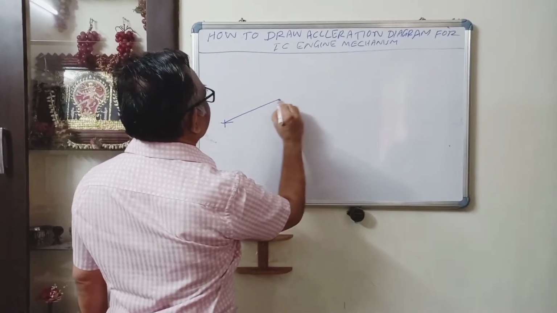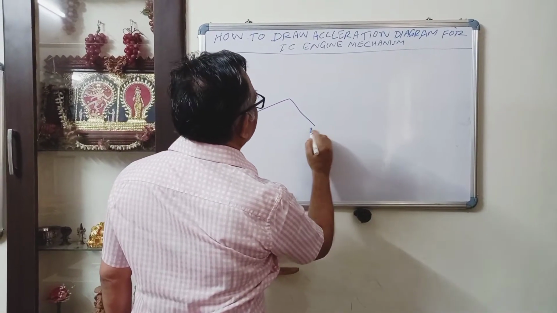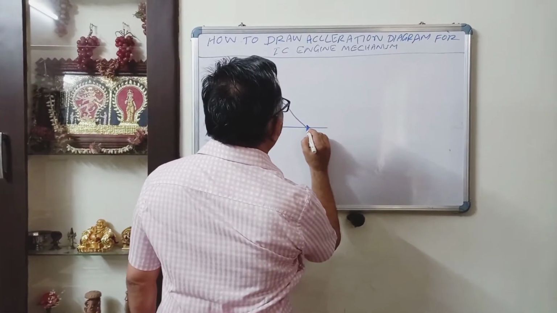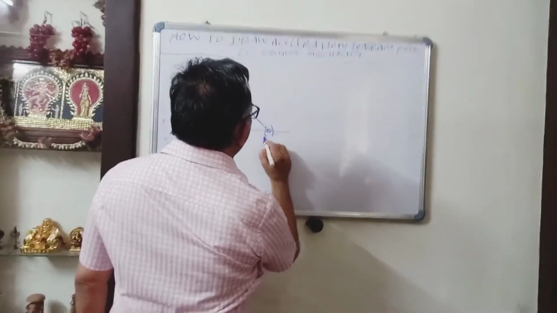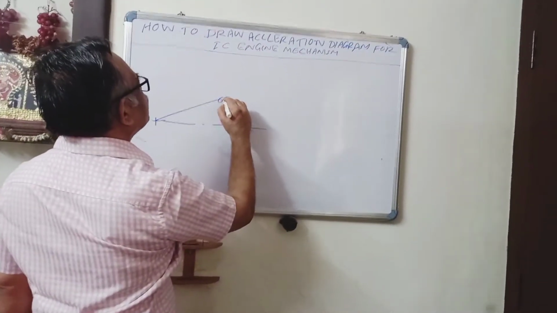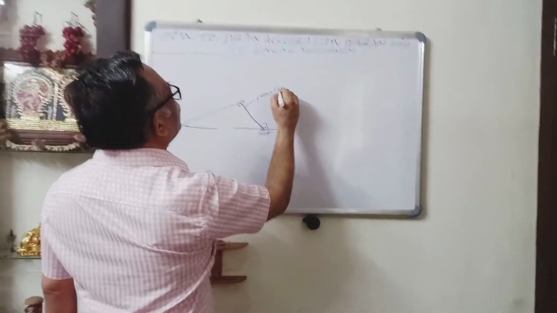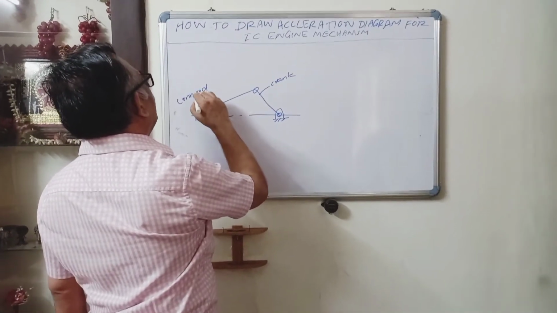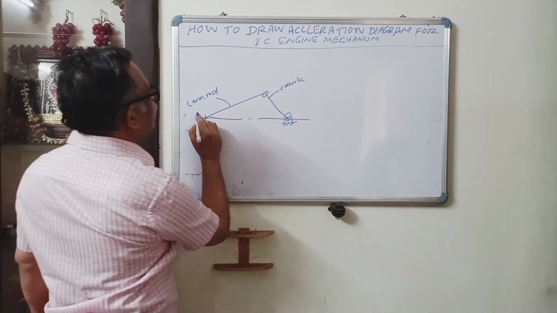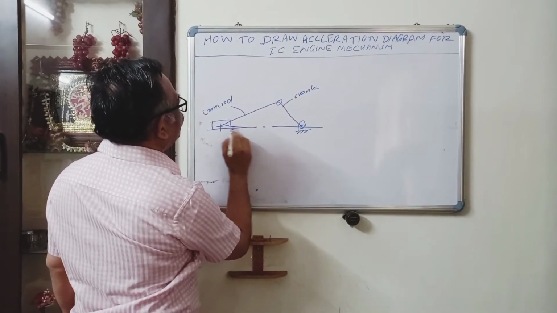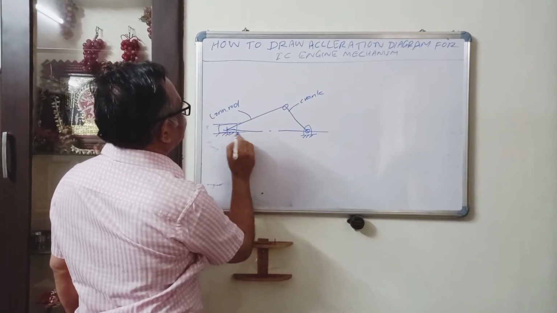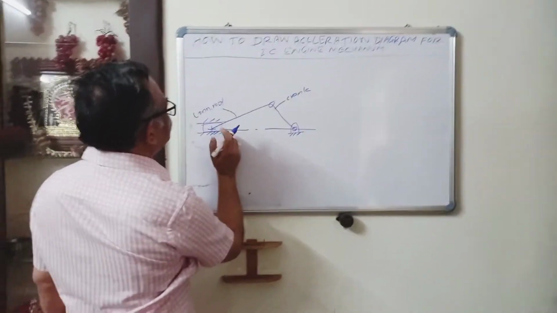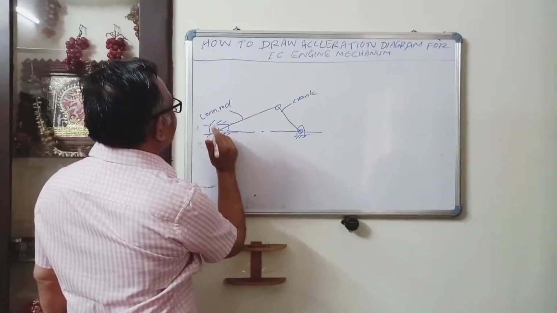This is the connecting rod and this is the piston, so this is how it is. Here, this is the crankshaft, this is the crank, this is the connecting rod, and this is the piston, which reciprocates like this.